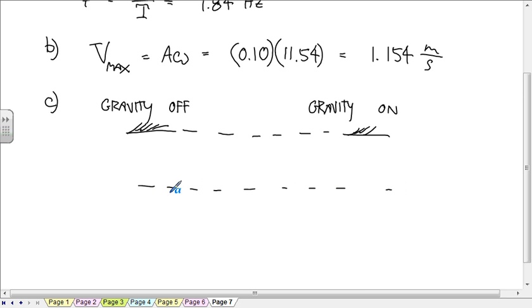With gravity off, the mass hangs right here at this distance of 0.15 meters. With gravity on, it hangs a little bit lower.